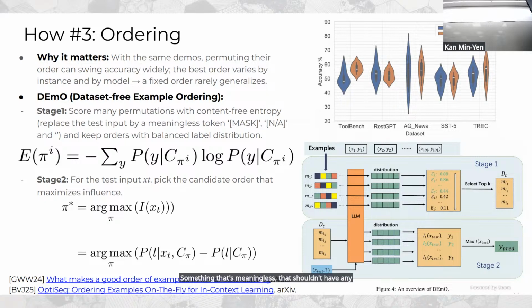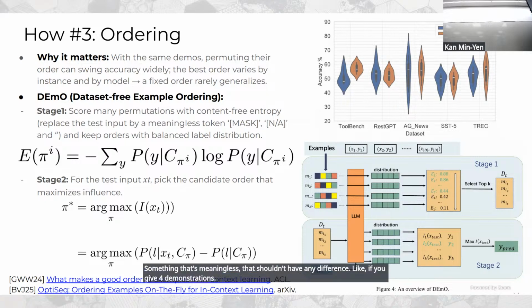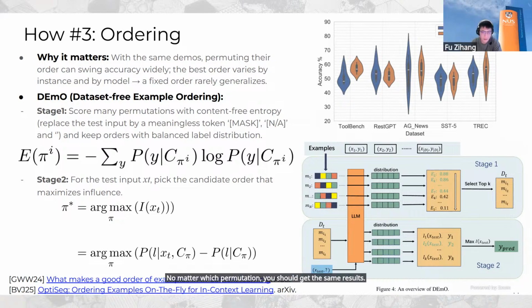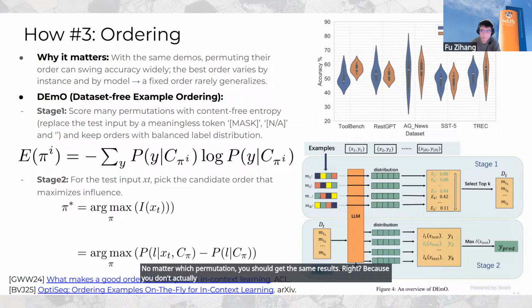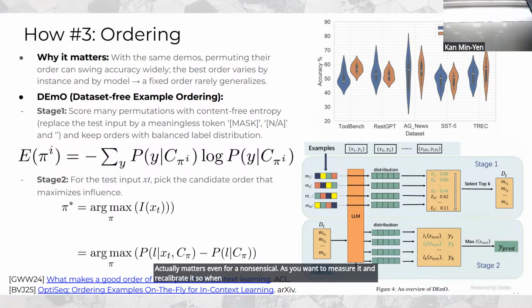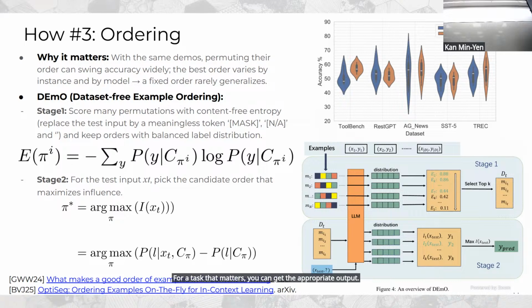Like if you give 4 demonstrations, no matter which permutation, you should get the same results, right? Yes. Because you don't actually get that, because the ordering of the demonstrations actually matters even for a nonsensical task. You want to measure it and recalibrate it, so when you do stage 2 for a task that matters, you can get the appropriate output, right?